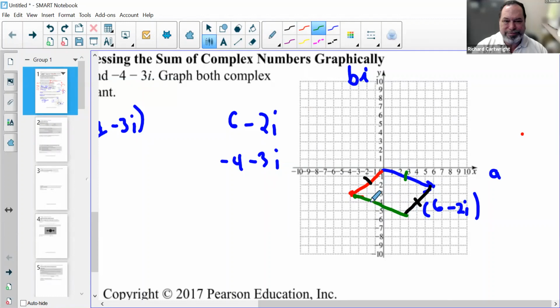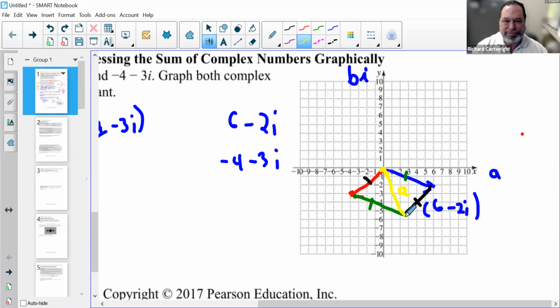Now I made this up, so it's probably off. I didn't even count. And the resultant would be, maybe I can do yellow, from the origin, a diagonal. That would be my resultant. I'll put an R there.